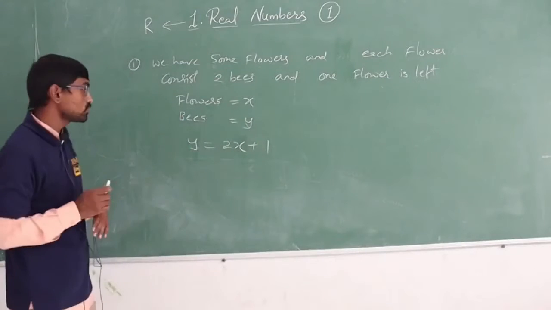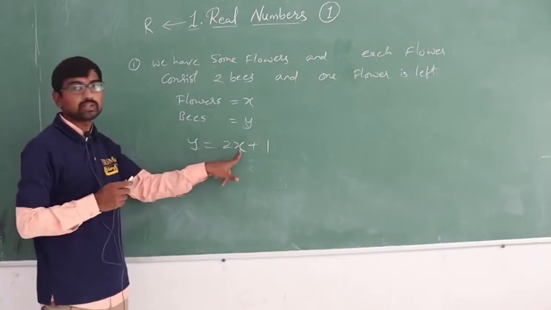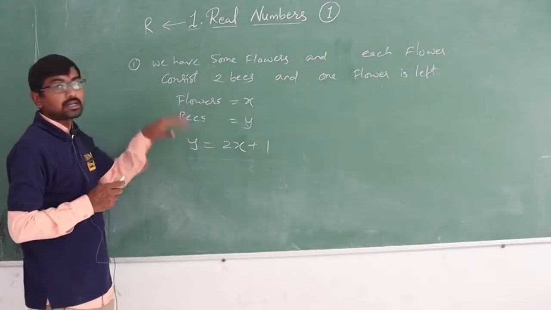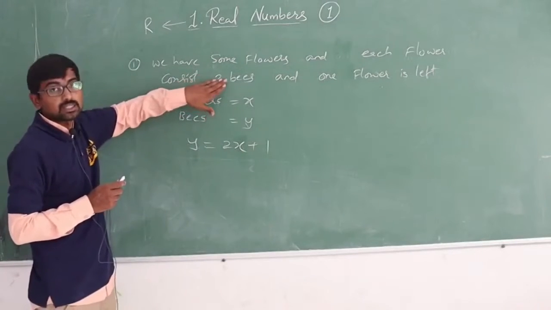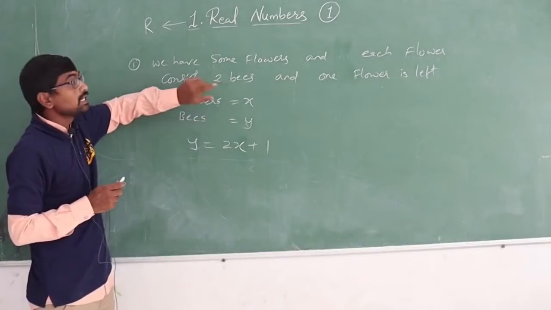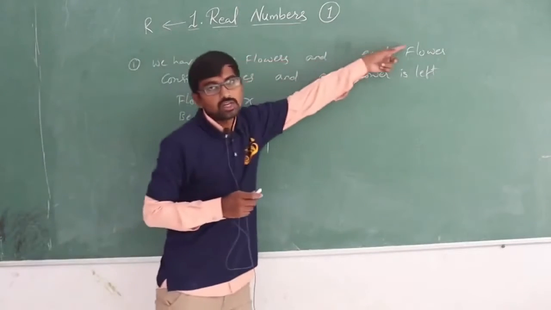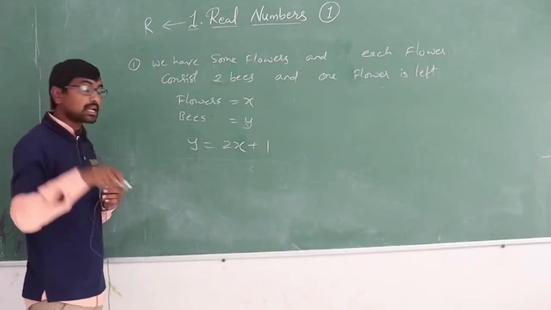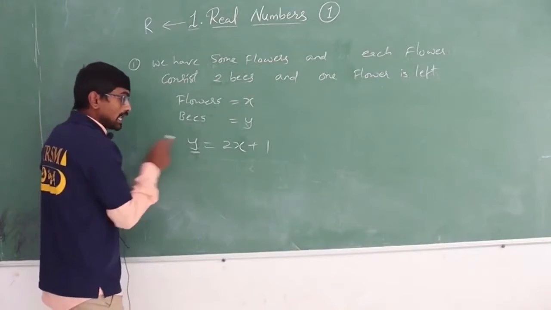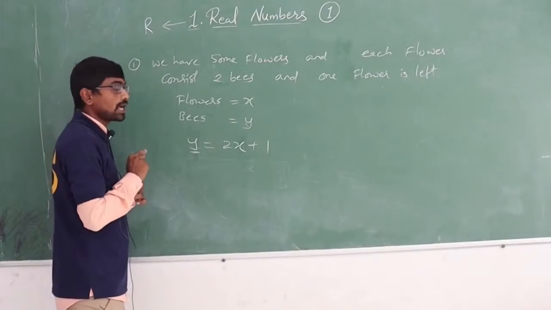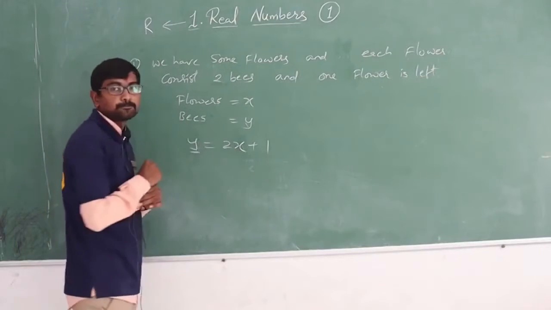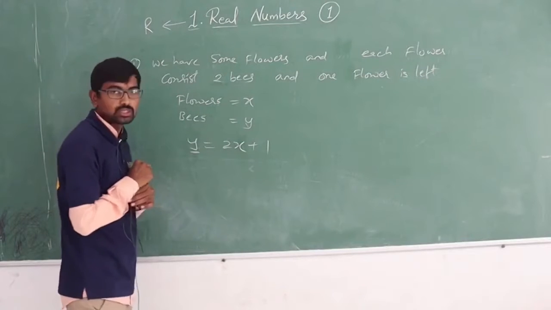I think you have understood why I have taken y here and x here. The quantity which is greater, I have to take on the left hand side, and the quantity which is less, I have to take here. I think you have understood clearly.